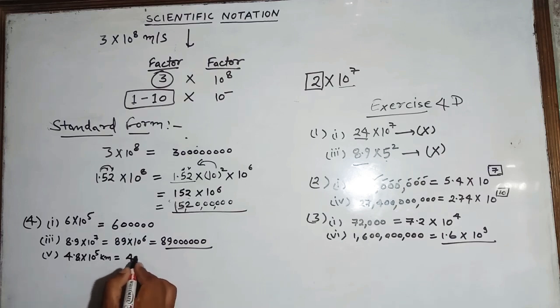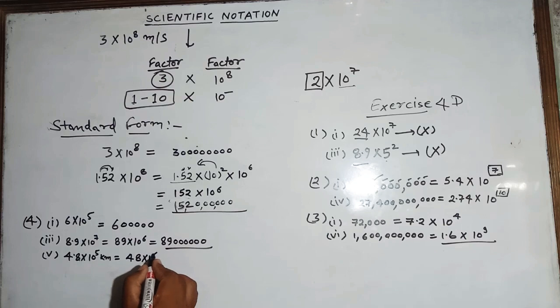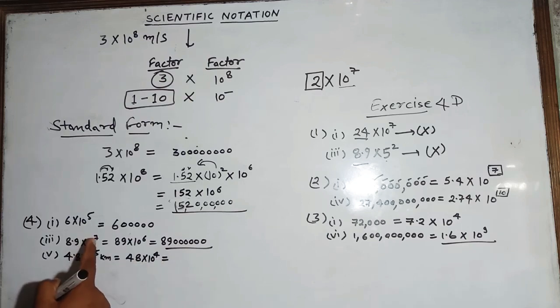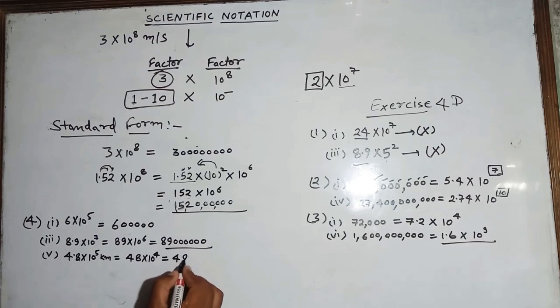So it will be 48 into 10 to the power, but 1 minus we will do, so 10 to the power 4, like we have done here. 7 was, it is 6 now. So it will be equal to 48 and power 4: 1, 2, 3, 4. This will be your answer. In this way you can try the remaining questions on your own. Thank you.